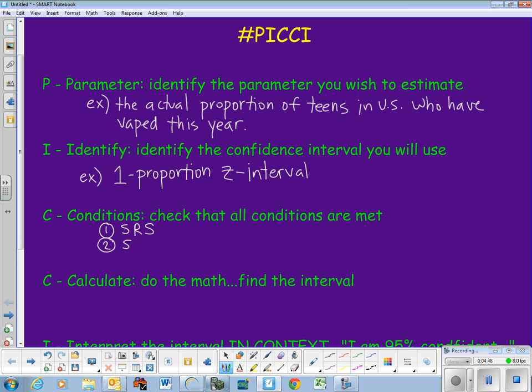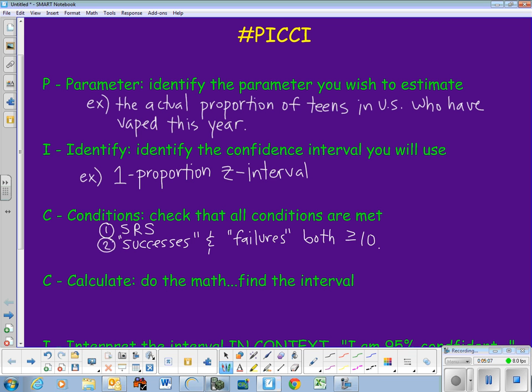And really, what it comes down to, the successes and failures need to both be greater than or equal to 10, at least 10. We'll use our sample data because we don't know the population data.